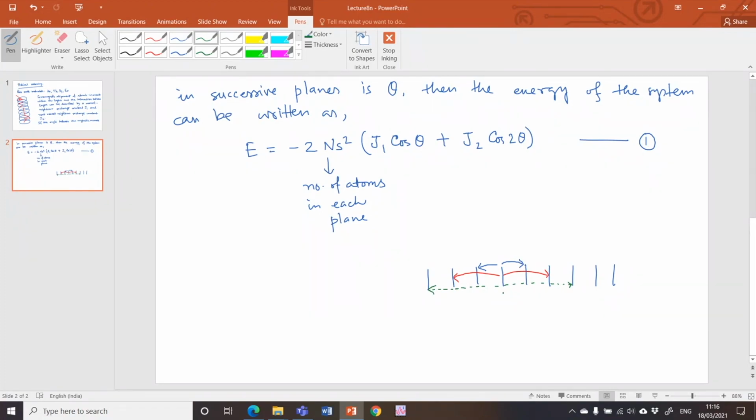So what we are talking about is this one interacting with this one or that one. But this is already somehow considered here, because this one is interacting with this one, and this one is interacting with this one.